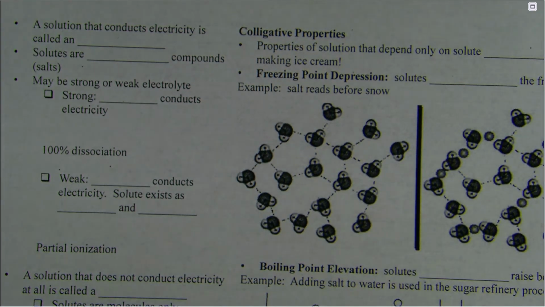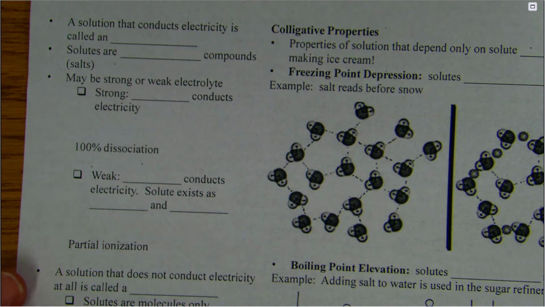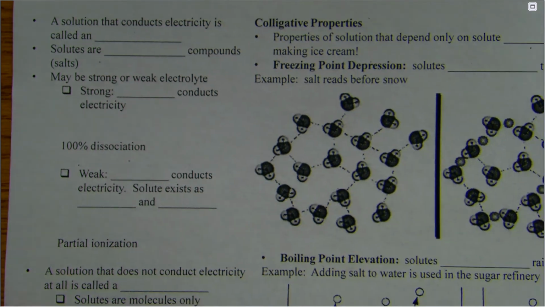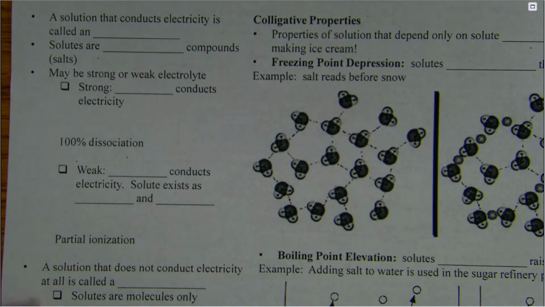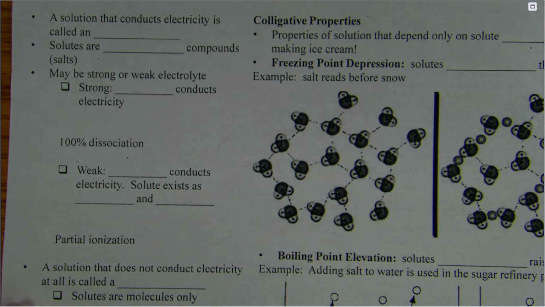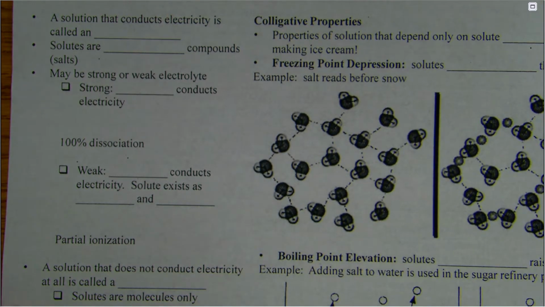All right, so let's take everything that we've done this year and put it all together and look at it in terms of solutions. We have already learned that ionic compounds conduct electricity when in their aqueous form, a solution.